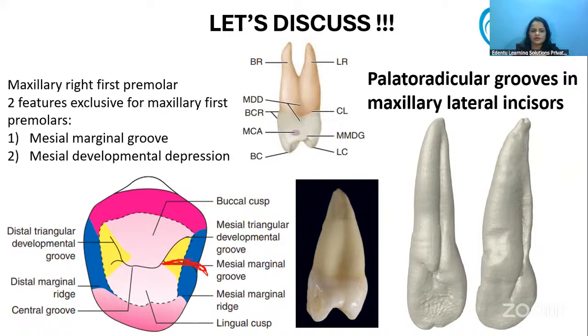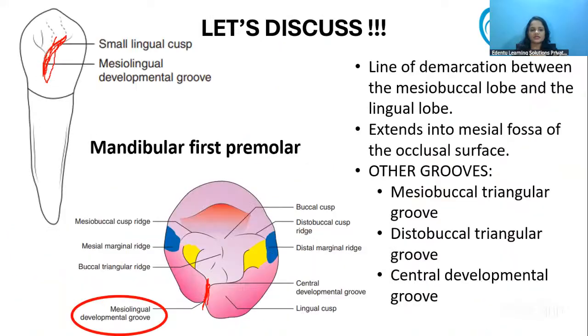Okay, so do not get confused between the two grooves in the two premolars. Mesial marginal groove is present in the maxillary first premolar, whereas the mesiolingual groove is present in the mandibular first premolar.